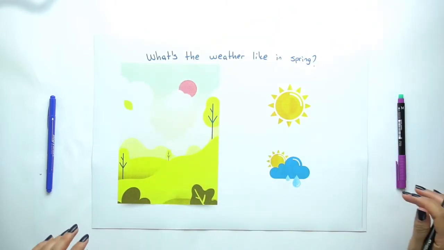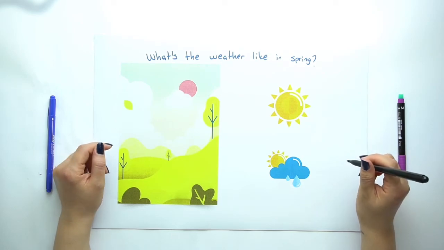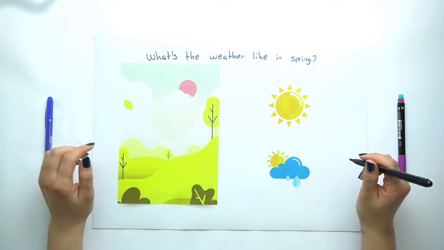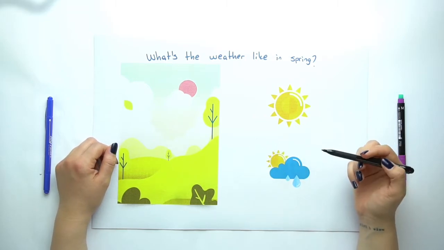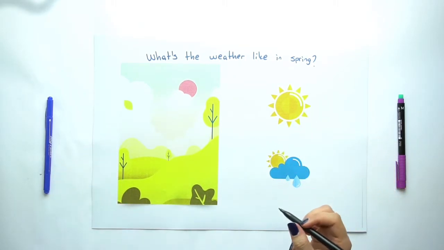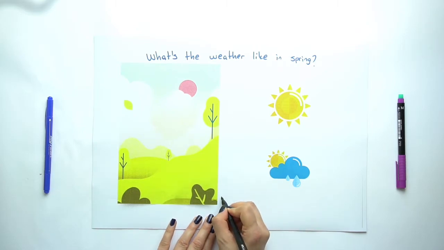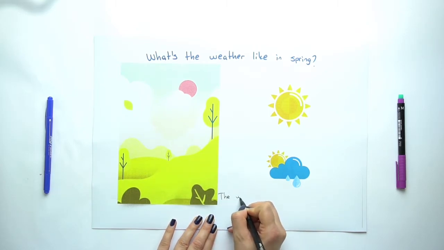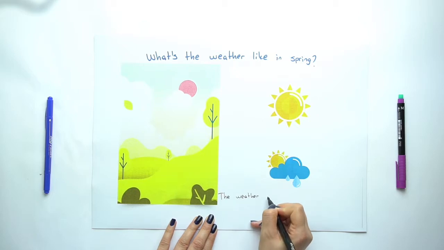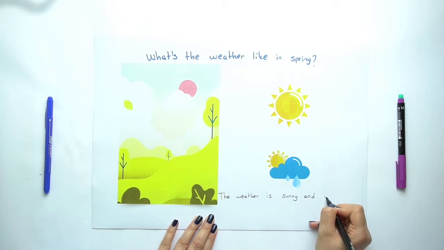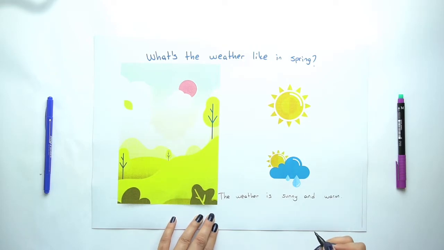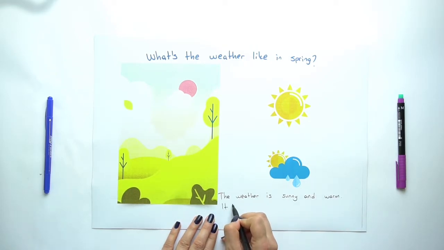Now, we will talk about the weather type in spring. So, what is the weather like in spring? You can see these pictures. In spring, the weather is sunny and warm, but it is rainy too.